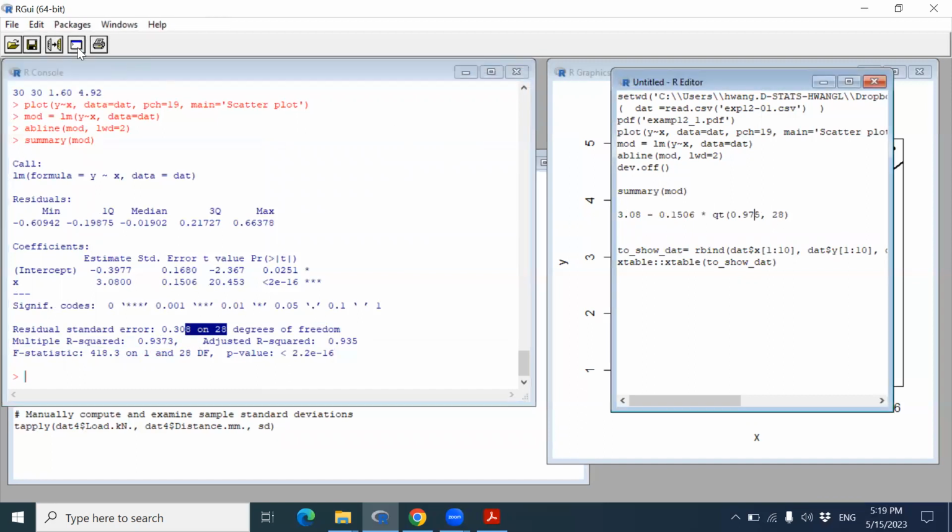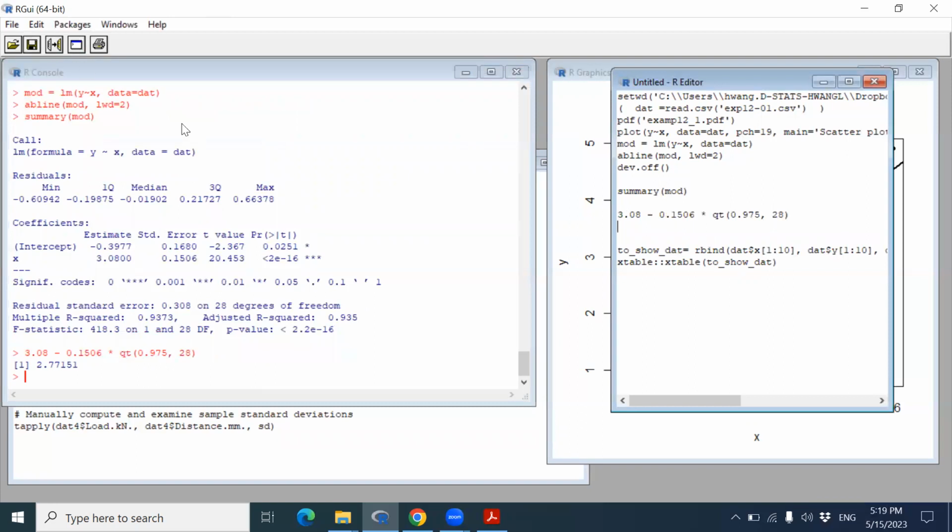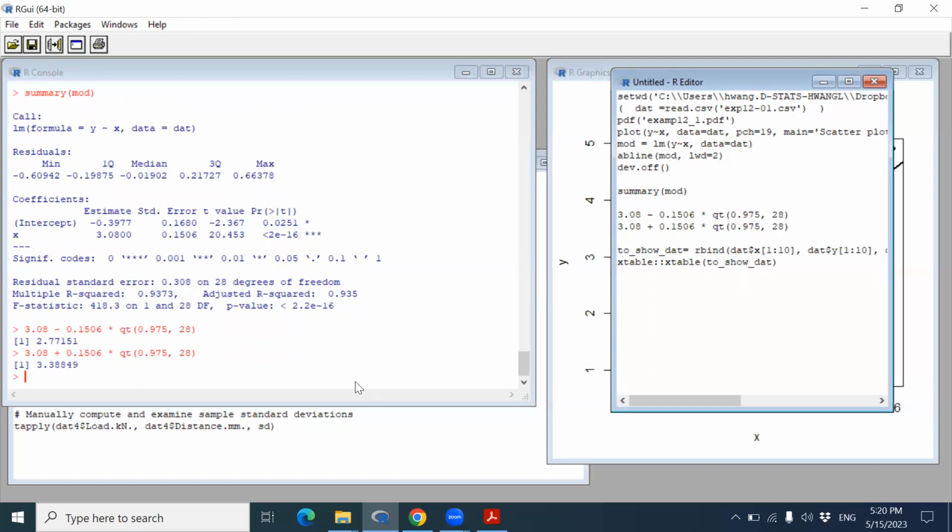So that's the lower bound of beta 1's confidence interval. And the upper bound would be computed similarly. For the upper bound, we just do the plus and run it, and that gives us the upper bound. So that's the confidence interval for beta 1.